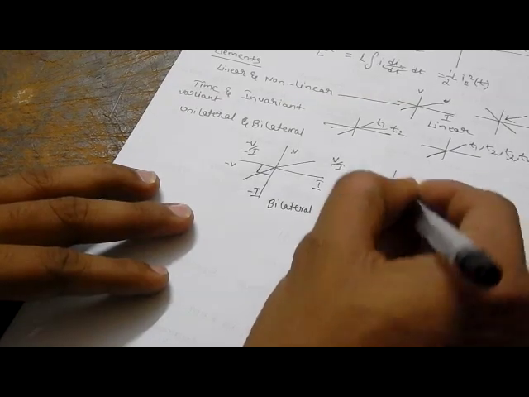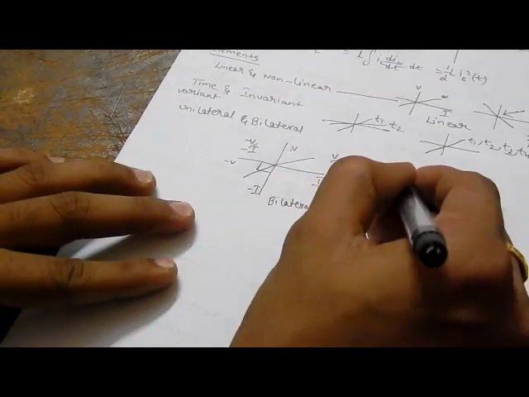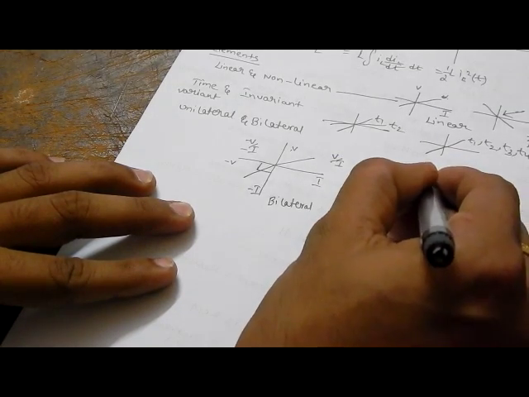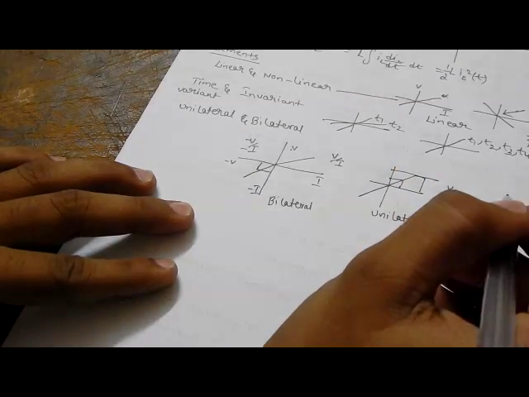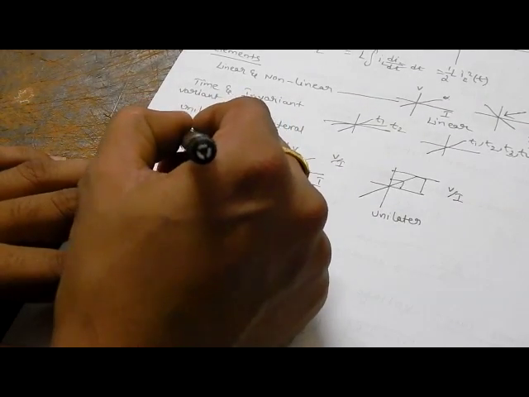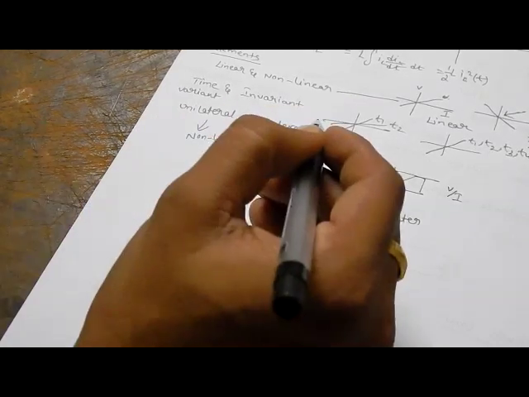If you consider the unilateral, this is one and this is another. Here V by I is one value, and there V by I is another value. You can simply say that most non-linear elements come under unilateral.